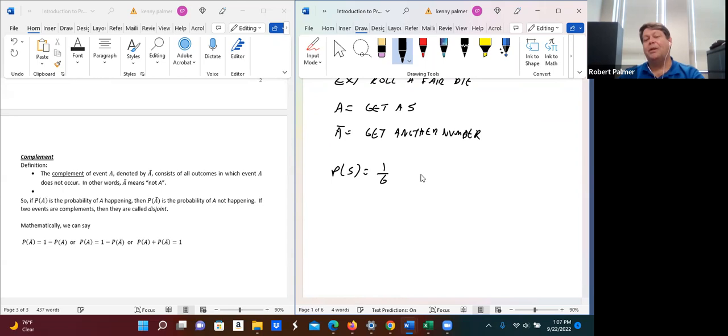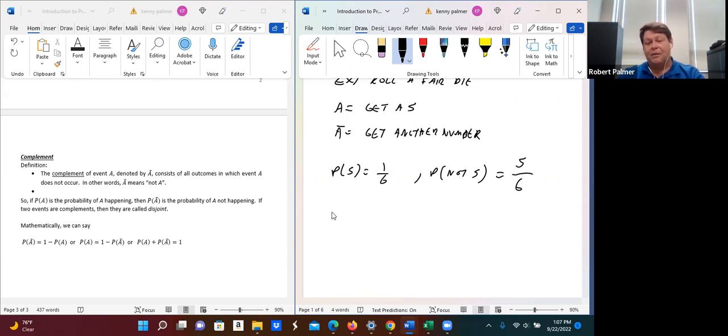Well, if I ask what's the probability of getting not 5, or some other number, if I roll a fair die, in the same way, we have 6 possible equally likely outcomes. That's the number of our outcomes. The number of outcomes we want: there are 5 ways to get something that's not a 5, so that probability is 5 over 6.